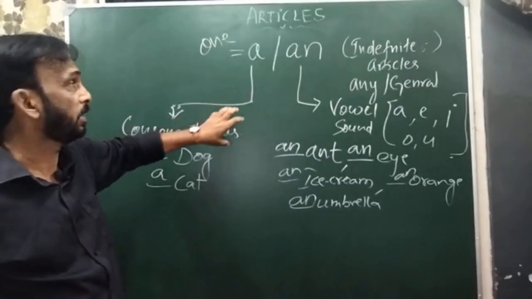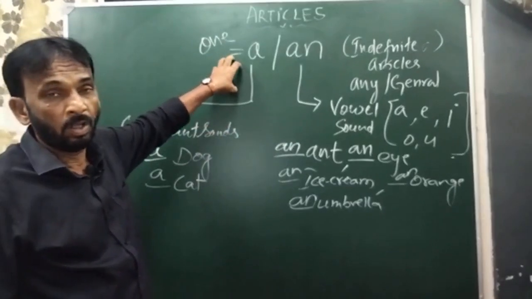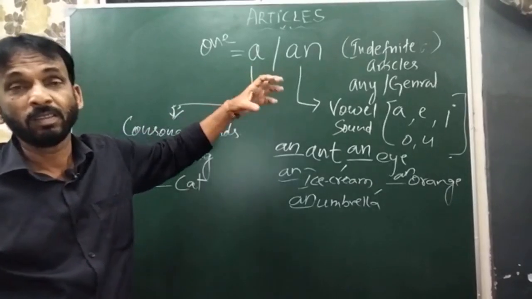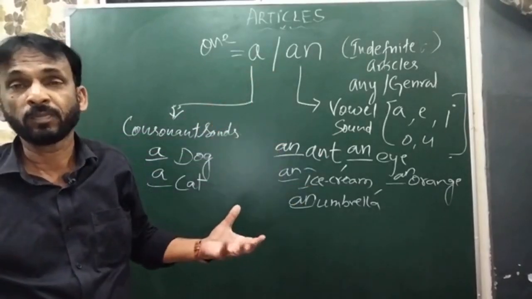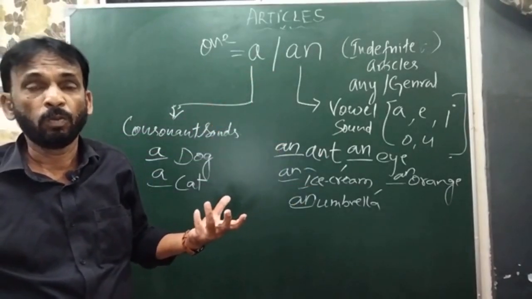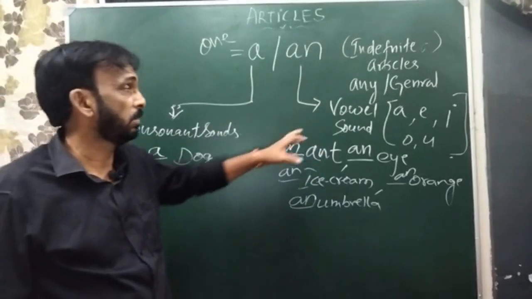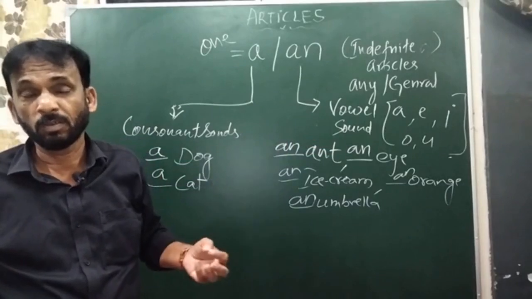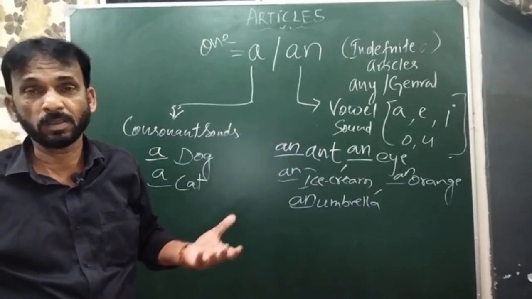So now you got the idea of how to use a and an, and when to use them. Now the second one is where the difference exists in the sounds. There is a little bit of confusion among beginners.